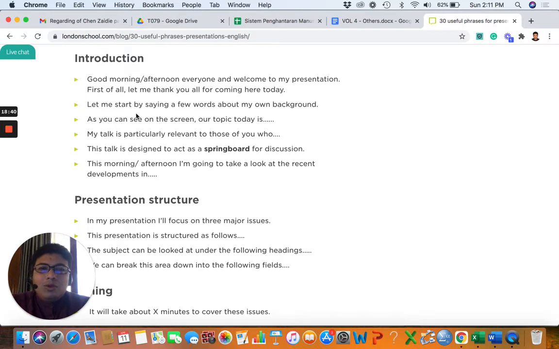So make sure you don't move or swing here and there, but you stand or sit statically, but you can have your facial expressions and your hand movements when you're talking to people. So look professional when you are giving a presentation.